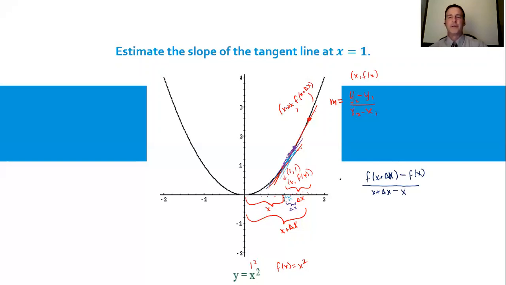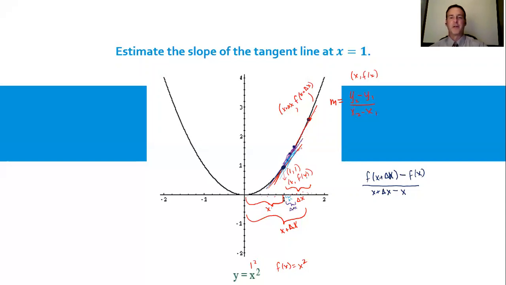Okay, and what am I going to do to this? Well, we said as our secant lines were provided by delta x's that got smaller, that it provided a line with a slope that was closer and closer to the tangent line. As these values got closer and closer to my original point of tangency, the secant lines approached the slope of what this tangent line would be.